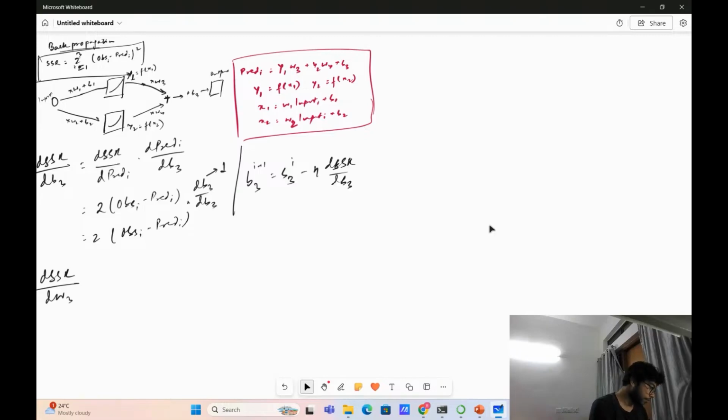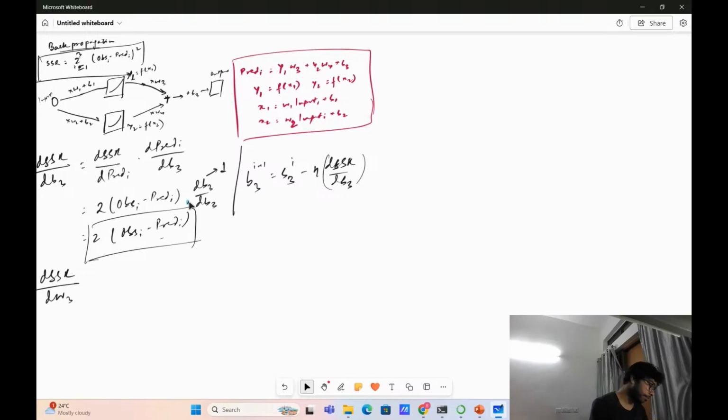Okay, so whatever value you get here, you input this and then you update B3. Initially B3 is 0. So in the first iteration B3 will just be eta, the learning rate, times this thing, whatever observed minus predicted you get. Okay, great.